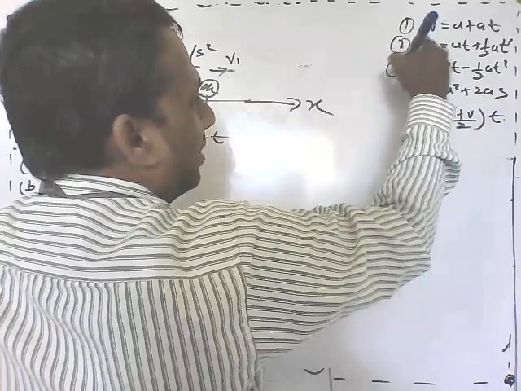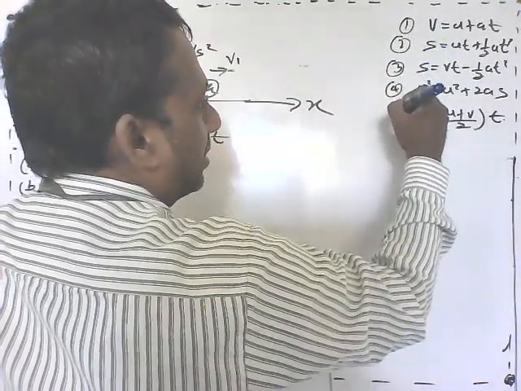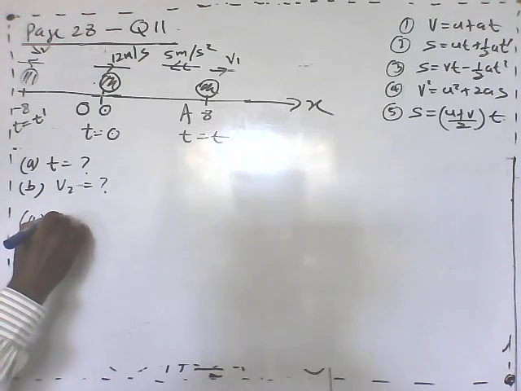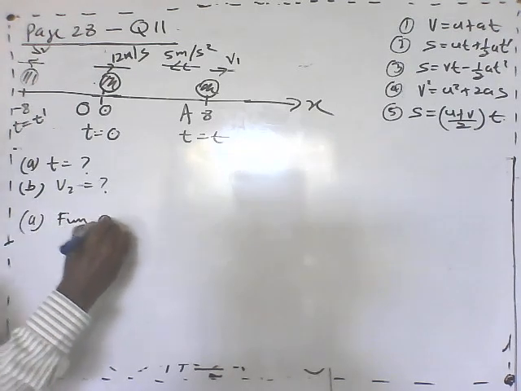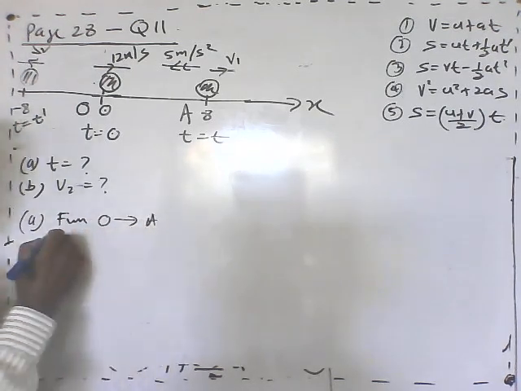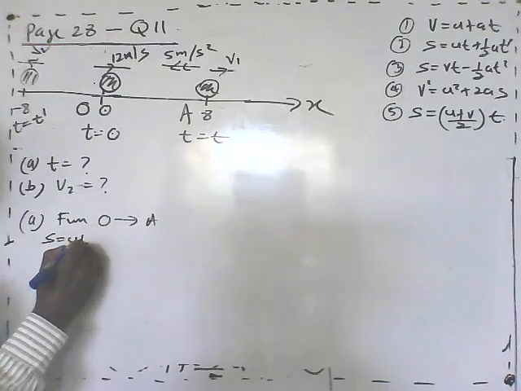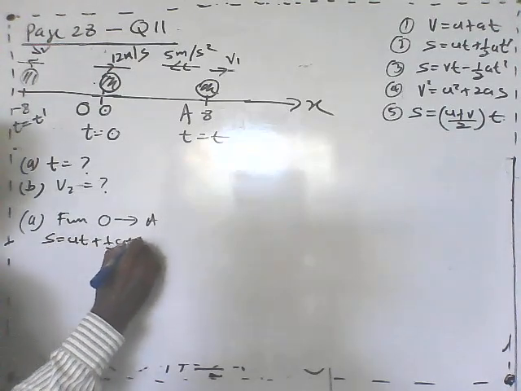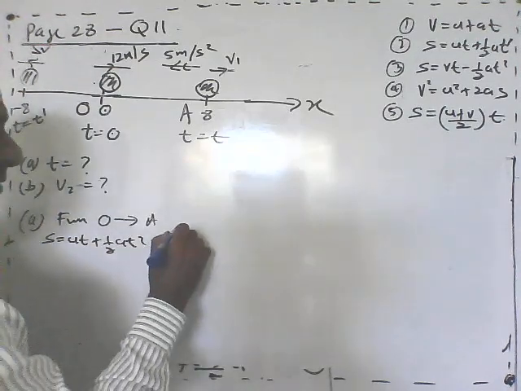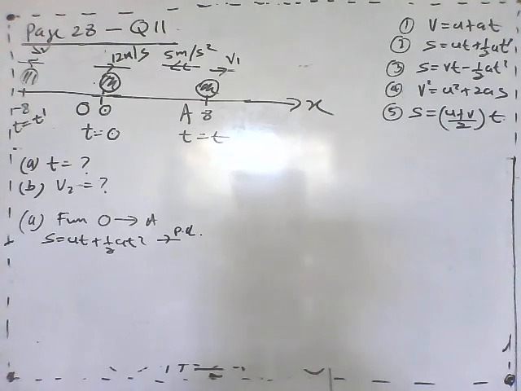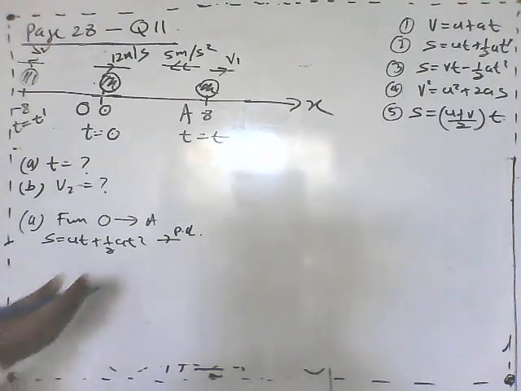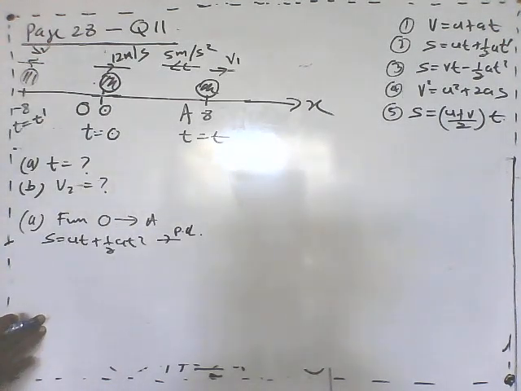So we will use the second equation. We will put from O to A, O to A is equal to ut plus half at squared, and we will make the positive direction to the right side. It's always positive. Anyway, we will apply this.